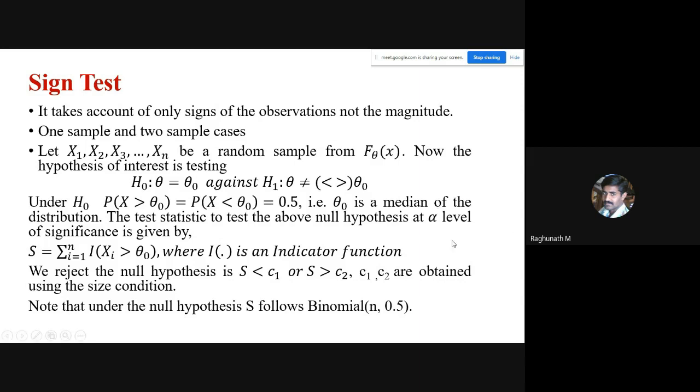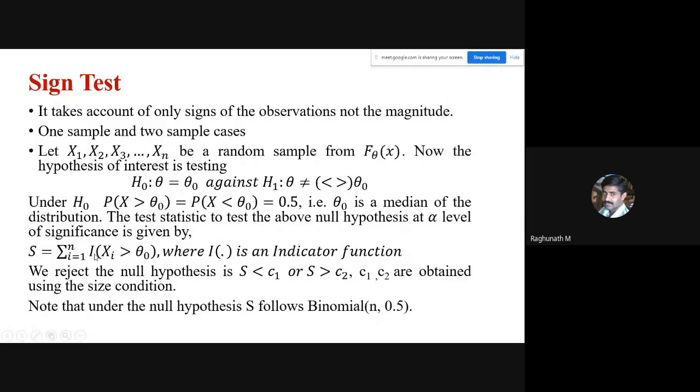Now at alpha level of significance, we shall call the test statistic S equal to summation of I, an indicator function. Indicator function means whatever is inside the bracket, if this thing happens, we put a value 1. If this is not happening, then we assign 0.